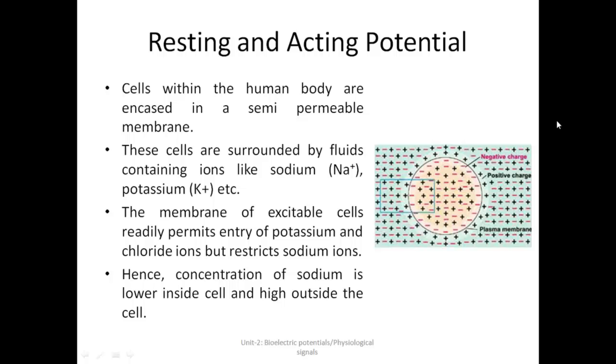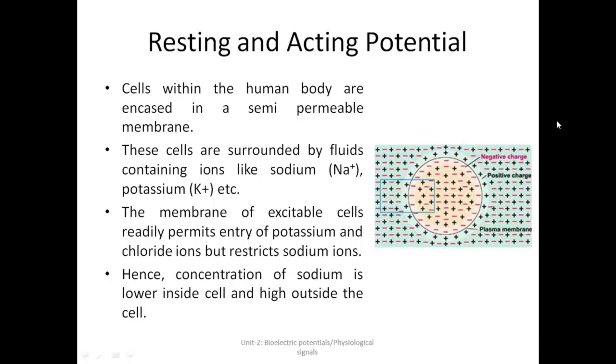We all know that within and outside the cells, it is full of fluids, and these fluids contain ions like sodium, potassium, chlorine, etc. So the cell membrane is semi-permeable in nature. That is, it will allow certain ions to pass through, but it will not allow all of them. Some of the ions may pass easily, some may not.